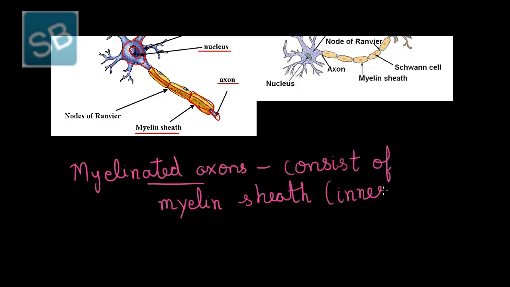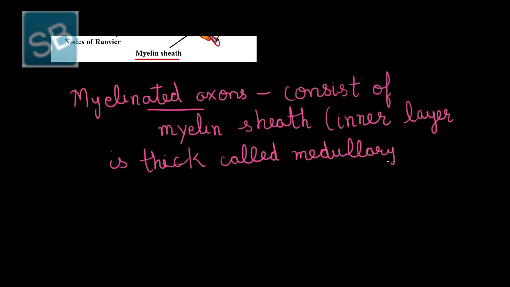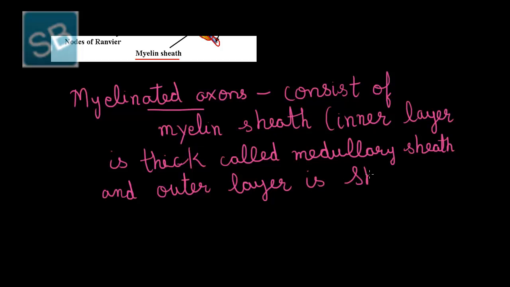The inner layer is thick and is known as the medullary sheath, and the outer layer is known as the sheath of Schwann cell.